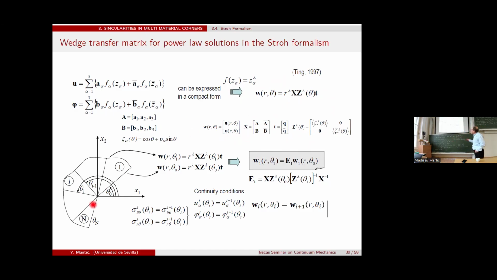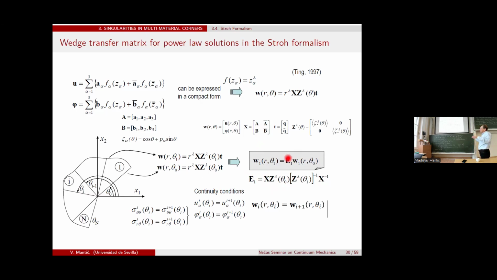If we consider one single material wedge, we have this expression for W at one angle, and at the other angle. If we compute from here this constant vector T by inverting this matrix, which is invertible, we obtain this transfer matrix proposed by Ting in 1997.